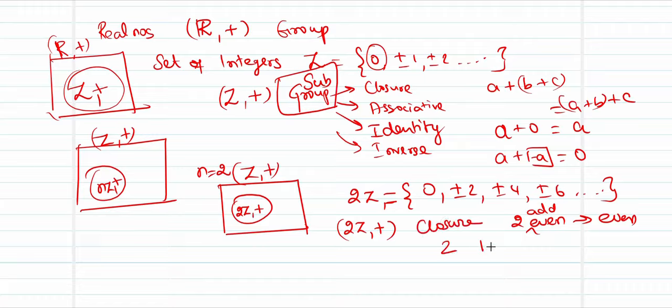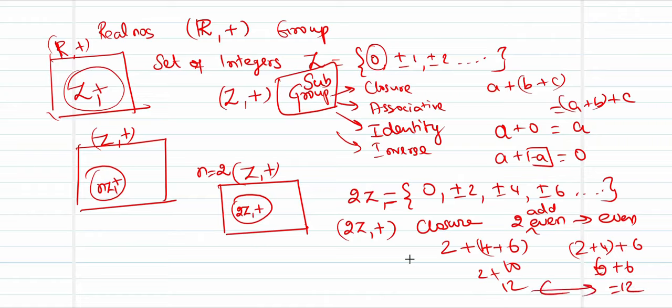You take any three elements and add them up in any order, it will again be an element of the same quantity. So this is going to be 6 plus 6, so 12, and they tally. So the associative law is true.